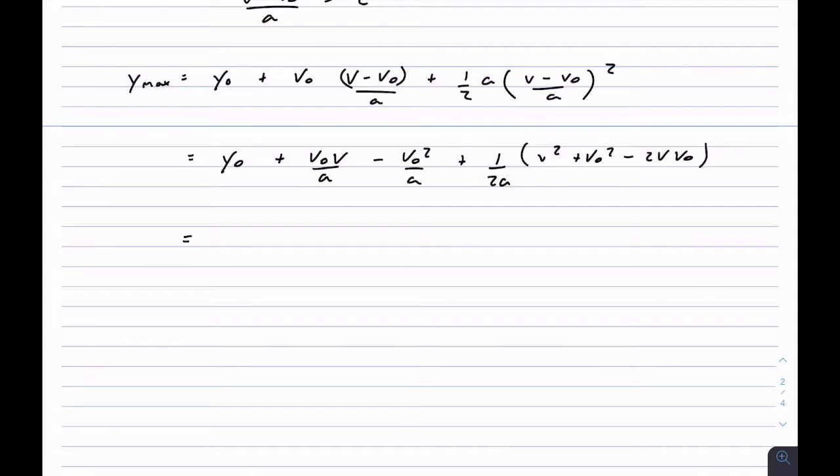we're going to end up with y naught. Let's group all of our like terms to make things a little easier. V naught v over a minus 2v naught v over a, so that's this term and this term, and those go away.